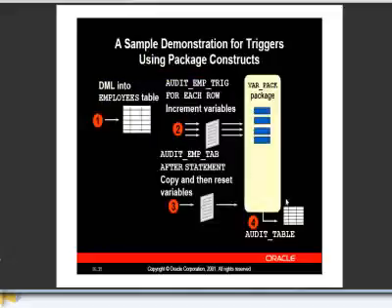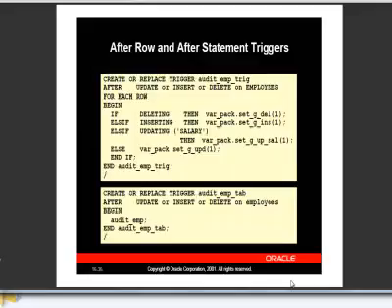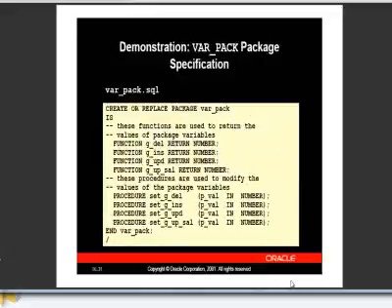A sample demonstration for triggers using a package construct. This is number 1, number 2, number 3, and number 4: after row and after statement triggers. This is the syntax. Demonstration of the var_pack package specification. Now this is var_pack.sql.